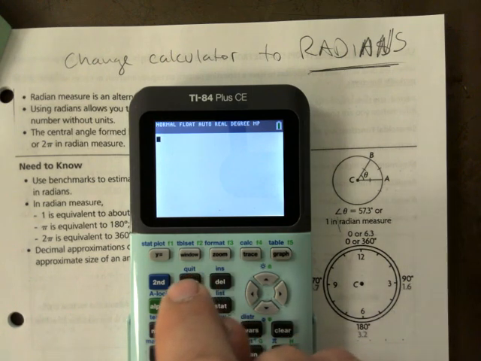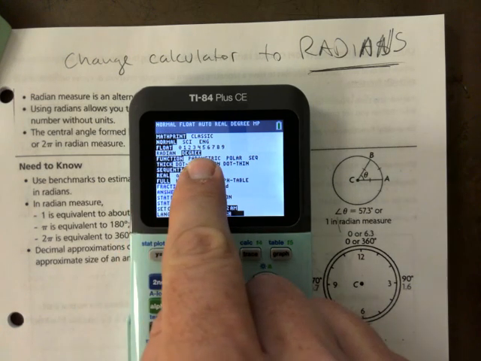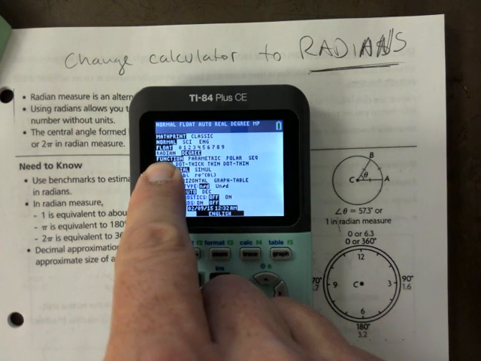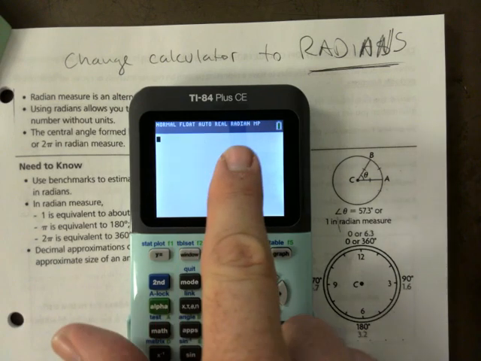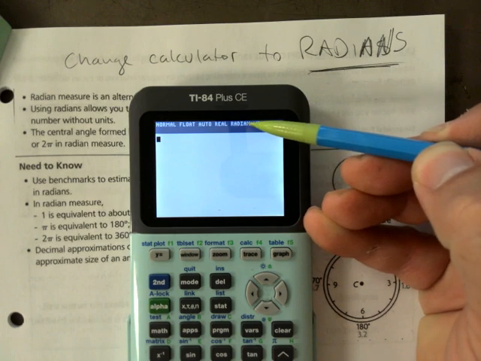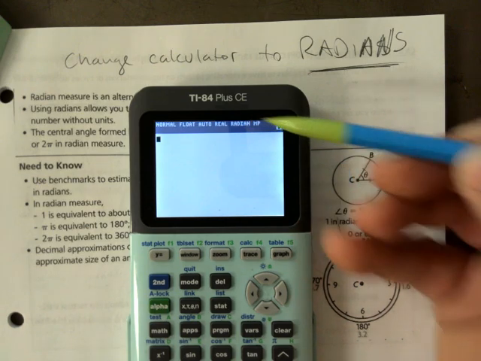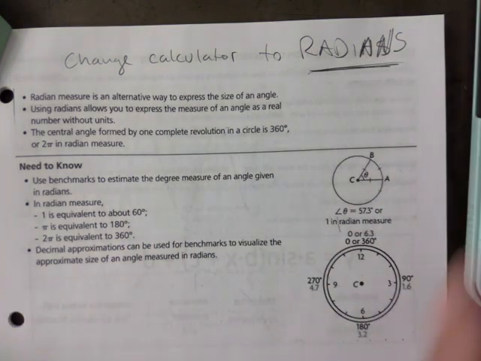Press mode, and where it says you have a choice between degrees and radian, we're going to pick radian. Hit enter there. And when you quit, you should see radian at the top of your screen. This one is very hard to change, so it shouldn't change on its own, but just make sure you do that, okay?